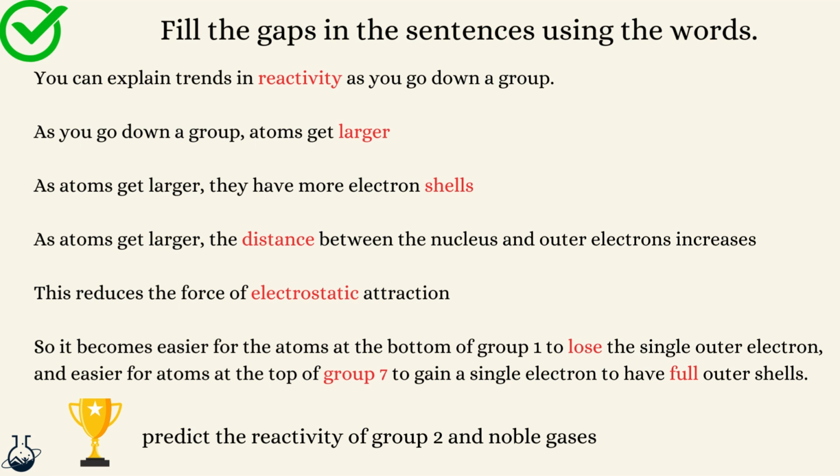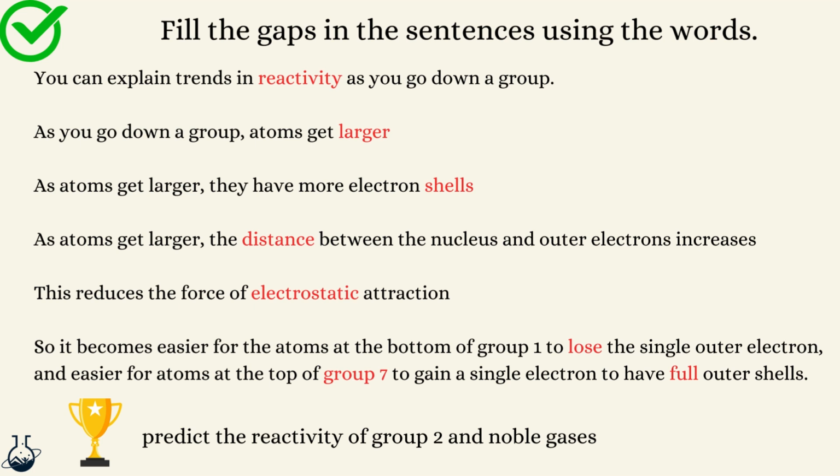This reduces the force of electrostatic attraction, so it becomes easier for the atoms at the bottom of group 1 to lose the single outer electron, and easier for atoms at the top of group 7 to gain a single electron to have full outer shells. Tick your answers if you got them correct, or annotate if not so you know for next time.